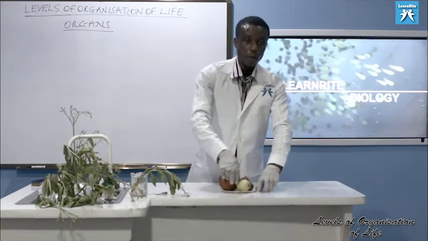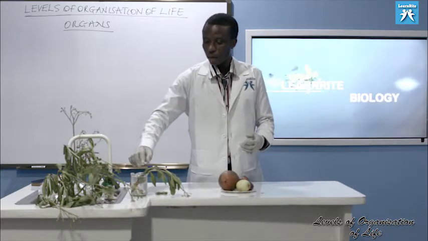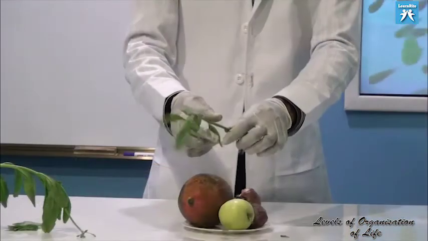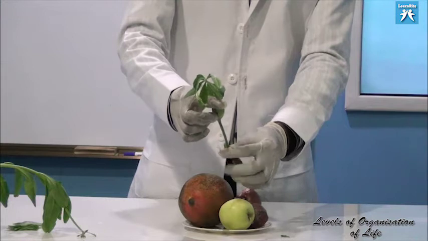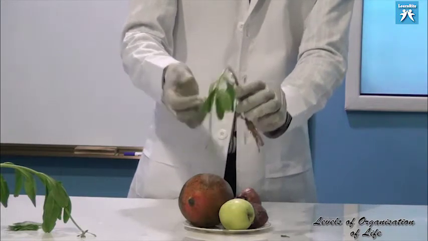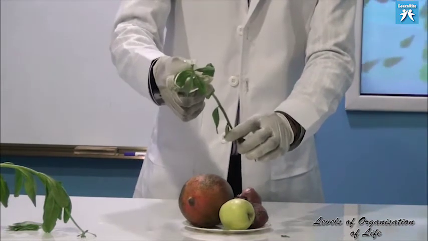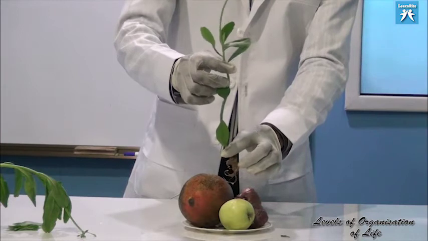So leaf is an organ. The stem is also an organ. What does the stem do? You know, in your primary school, it supports the leaves. If the stem is not able to support the leaves, the leaf cannot receive the maximum amount of sunlight.